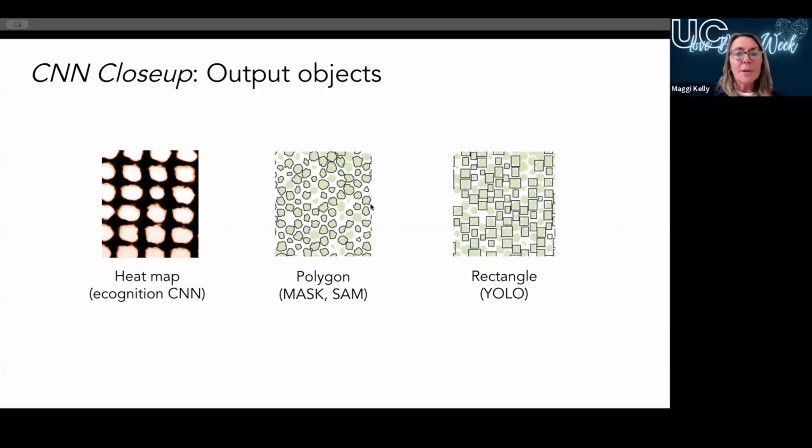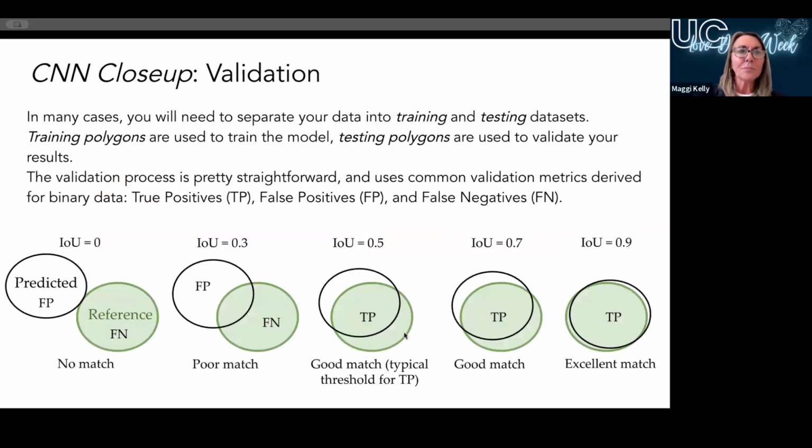Some models, including Mask and SAM, produce realistic polygons, so they try to really trace the outline of your object. Some, like You Only Look Once, and others produce a bounding box, a rectangle. So you want to make sure that the model you're choosing suits your output needs.